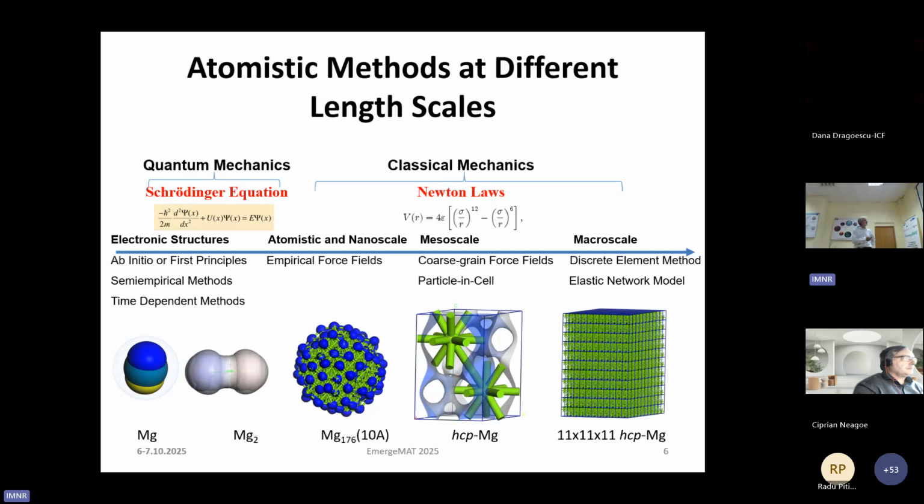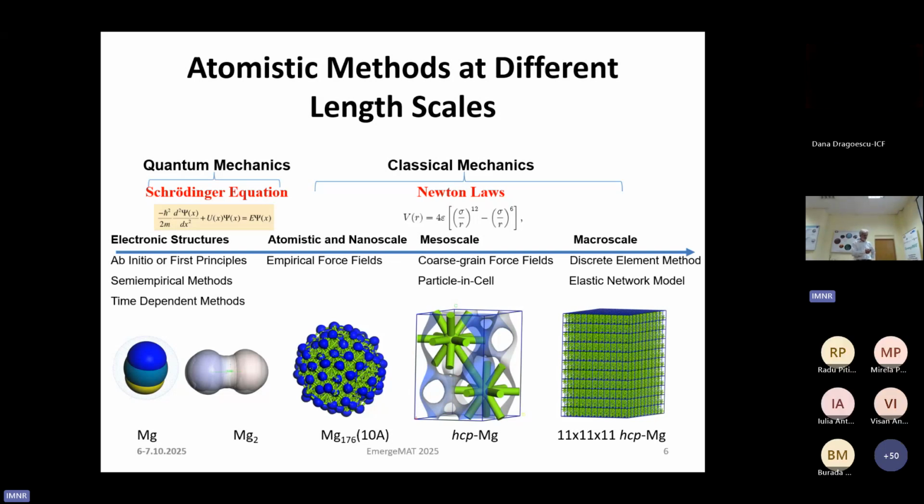Here are some examples of different chemical systems, and different methods which are scaling from atomistic to macro scale. So there are different kinds of methods which are specific and can be used for different scales of space and time.